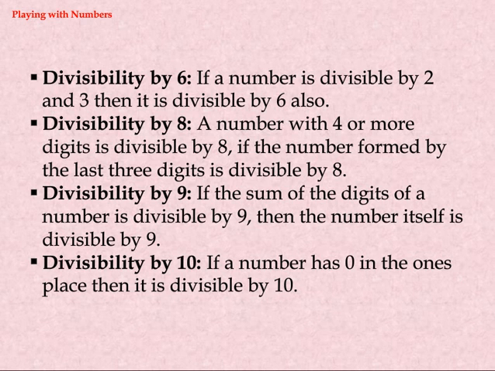Divisibility by 8, a number with 4 or more digits is divisible by 8 if the number formed by the last 3 digits is divisible by 8. Divisibility by 9, if the sum of the digits of a number is divisible by 9, then the number itself is divisible by 9. Divisibility by 10, if a number has 0 in the ones place then it is divisible by 10.